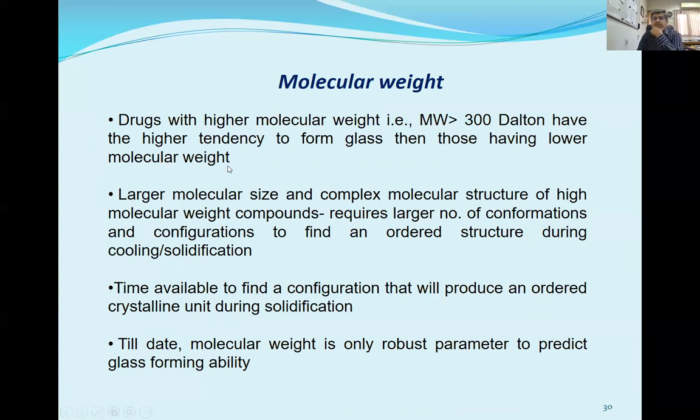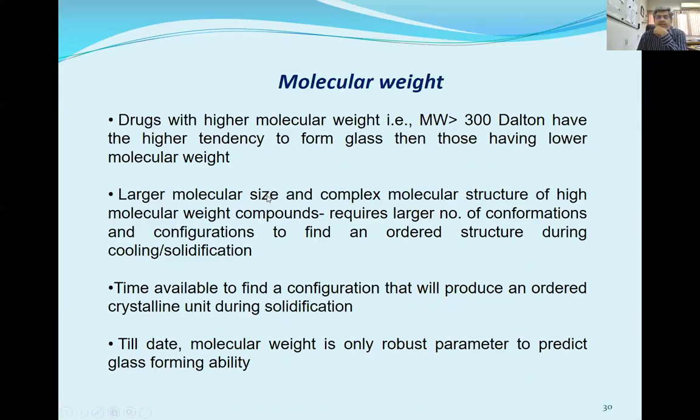So drugs that have a molecular weight of greater than 300 will have a greater glass forming ability, which means if you melt them and then you cool them, there will be a greater possibility of generation of the amorphous form.